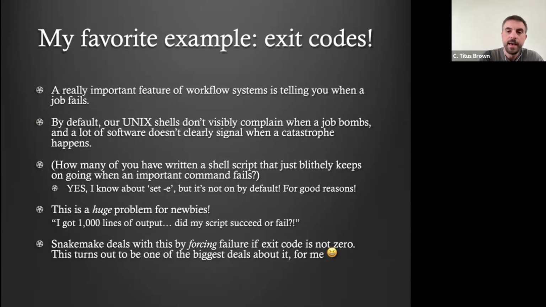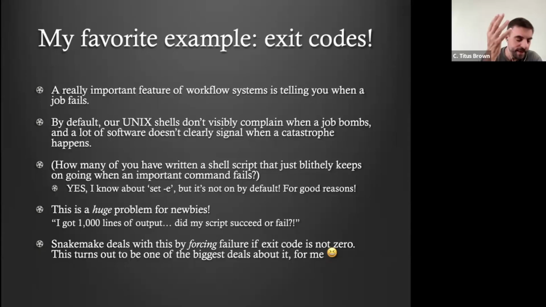So you have to examine the exit code, and this comes up a lot in shell scripts. Unless you set a particular configuration parameter, shell scripts will just keep on going when commands fail. And you can use something like set -e, but then every time you use certain shell programming idioms, they fail. So it becomes a complicated situation. Regardless, this is generally a huge problem for newbies: I can't tell if my script succeeded or failed.